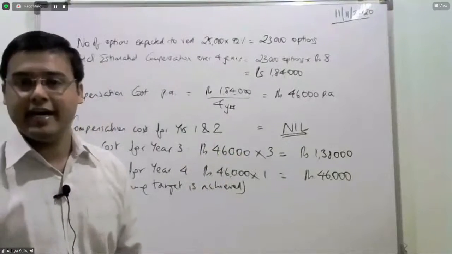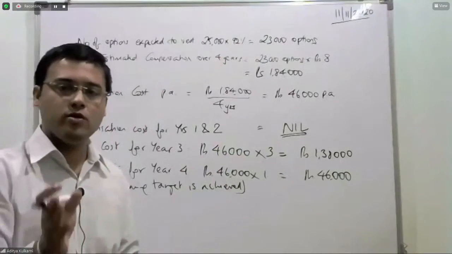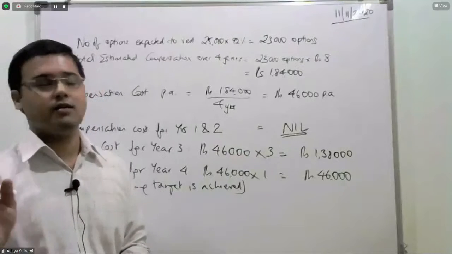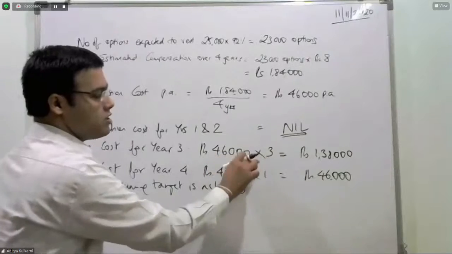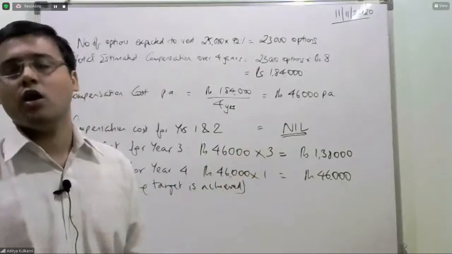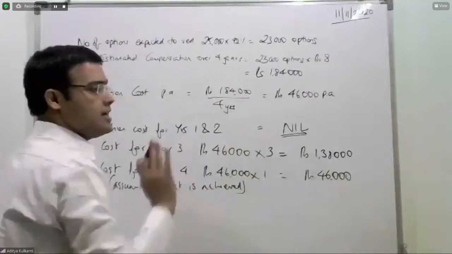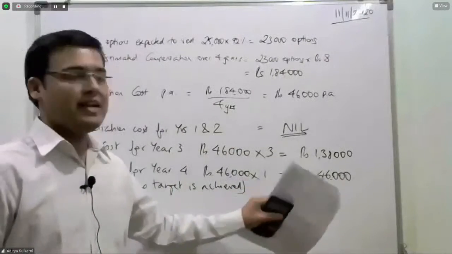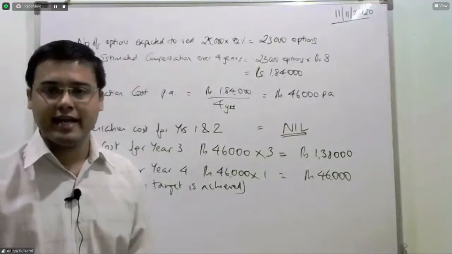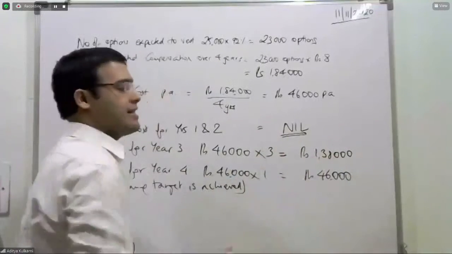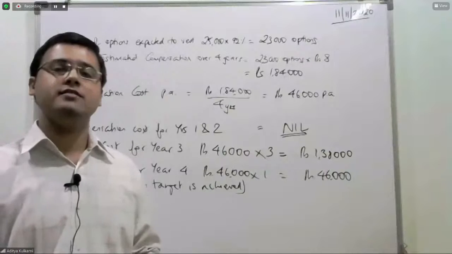You can do it like that also, because we are used to doing 1/3, 2/3, 3/3. Okay, so if you take that, it will be 1,84,000 into 3 by 4 minus what was recognized earlier, which was 0. So therefore, 1,38,000 will be recognized. And in the fourth year, it will be 1,84,000 minus 1,38,000. So you will recognize 46,000.